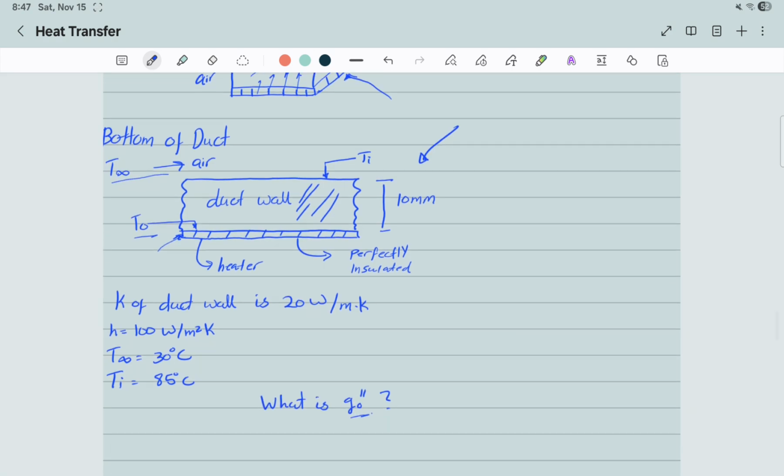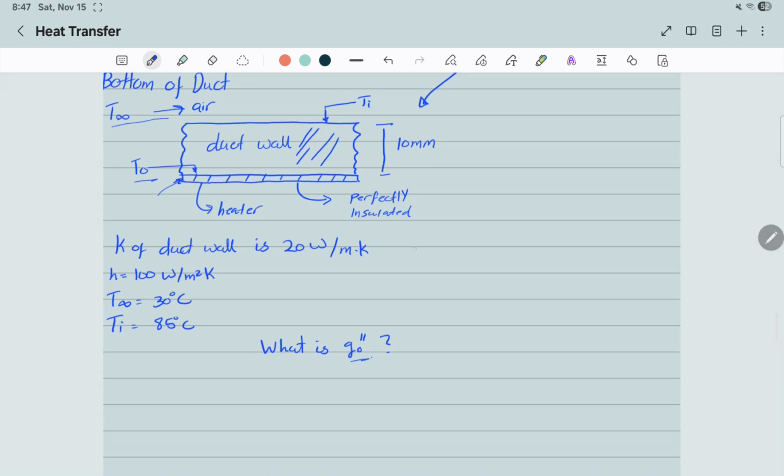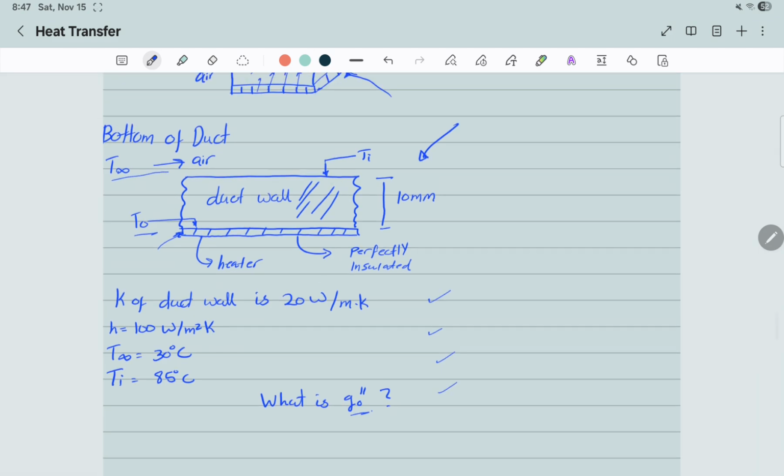Now, we're given the thermal conductivity, the convection coefficient, the surrounding temperature, and T_i, which is the surface temperature of the duct wall.